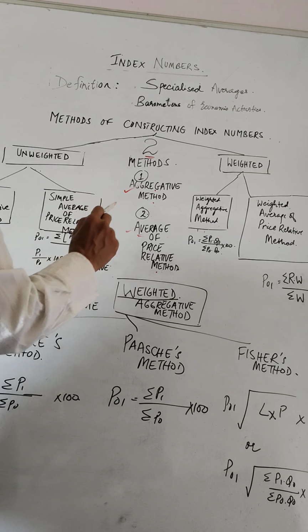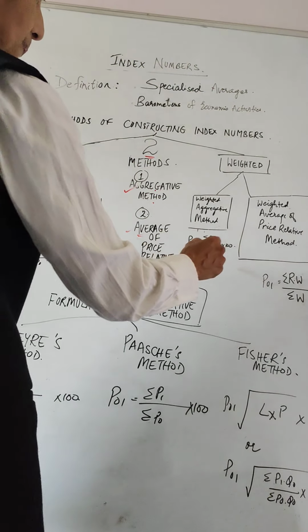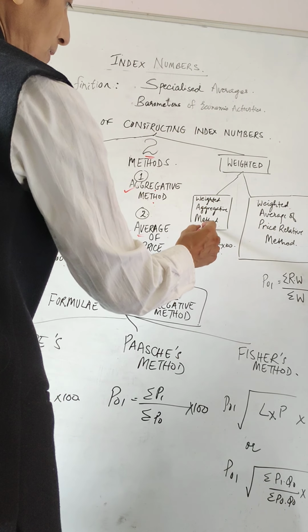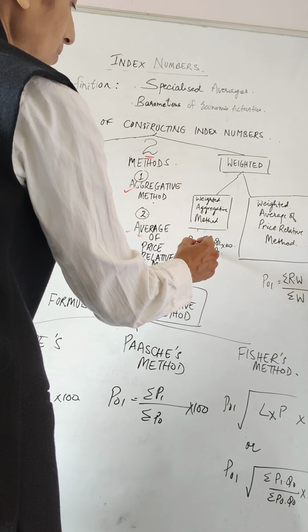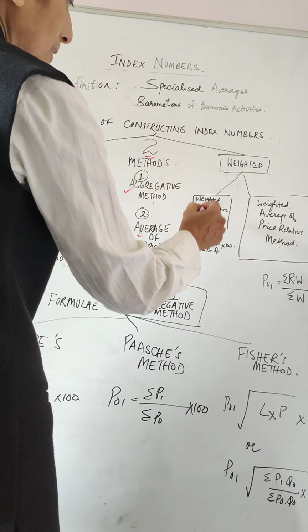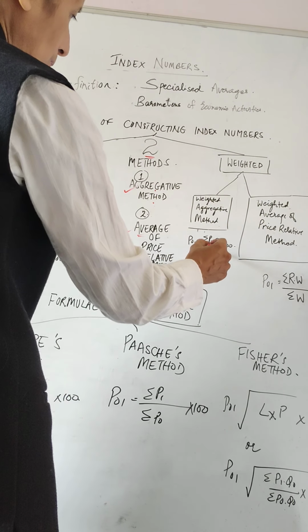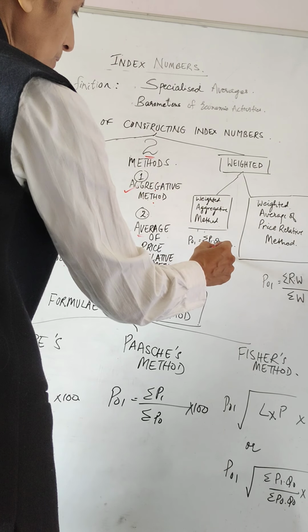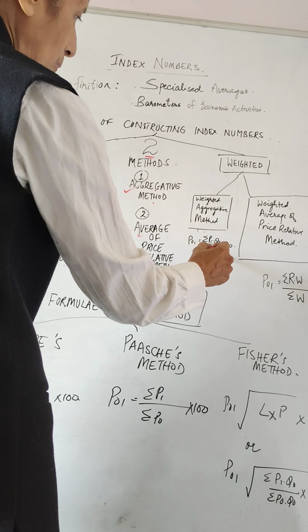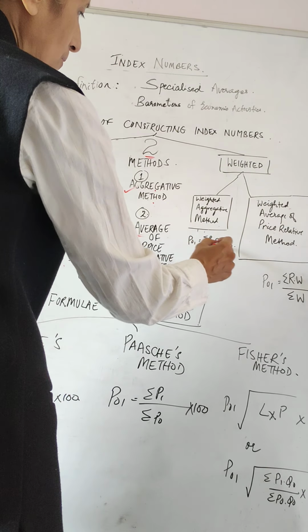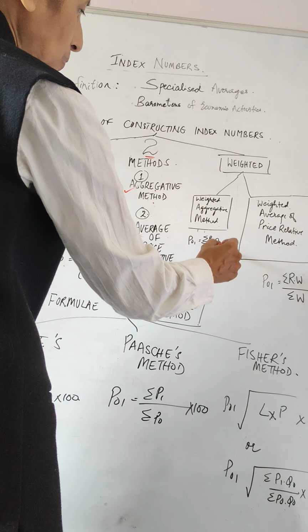Is that clear? Now let me discuss the formulae. Let's take the weighted aggregative method formula. It is P01 is equal to sigma P1 into Q0 divided by sigma P0 into Q0, into 100.